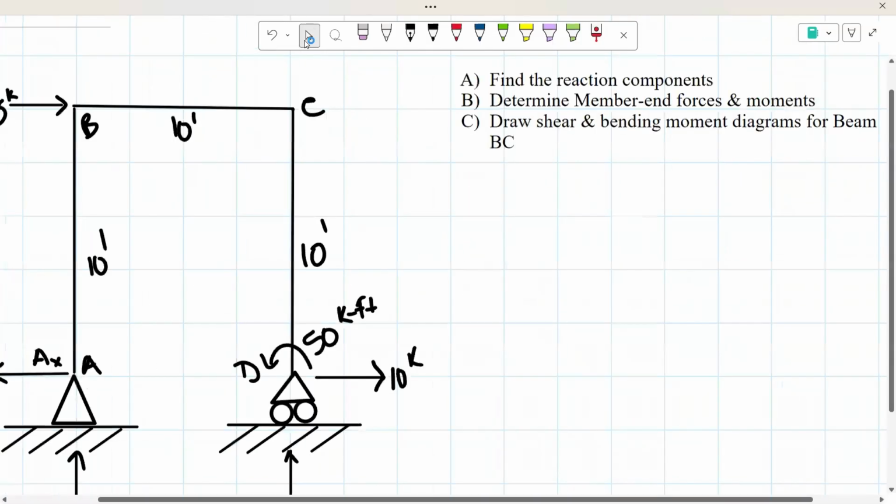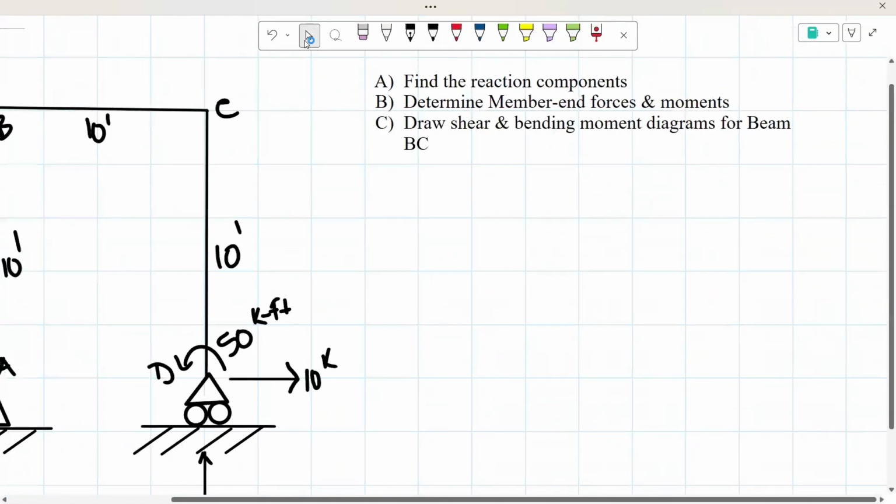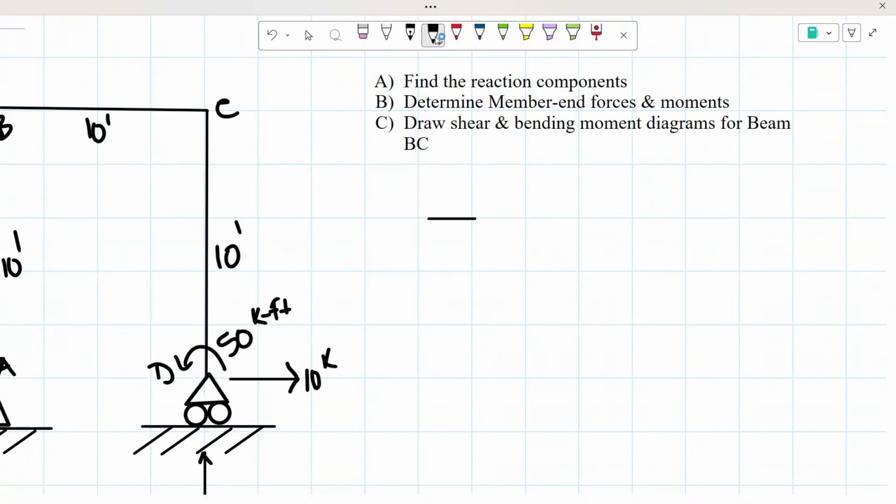I'm going to start off with my forces in the x direction. We're going to start off with our sign convention that going to the right is positive and that the sum of the forces in the x direction has to equal 0, as we all know.